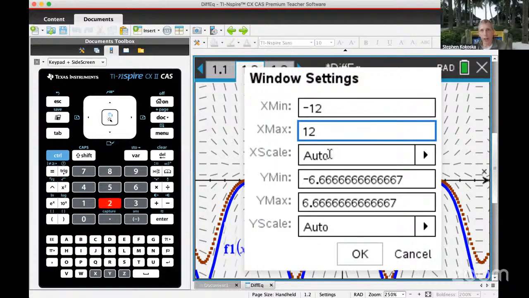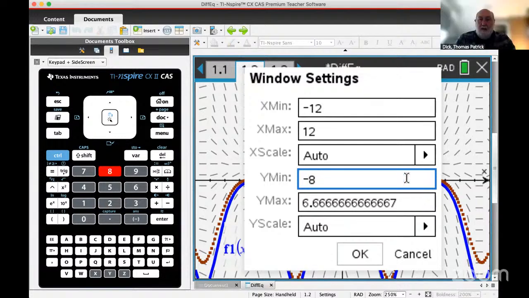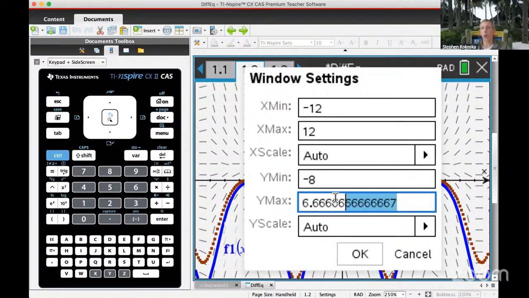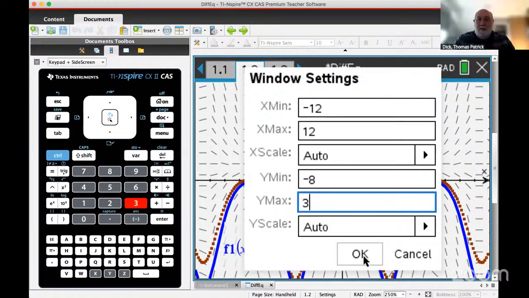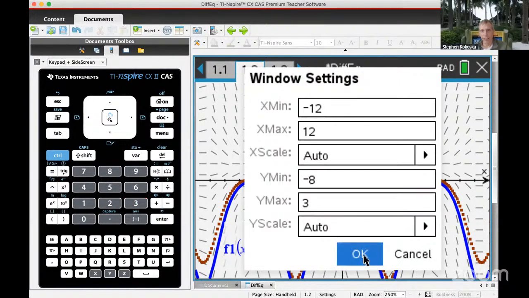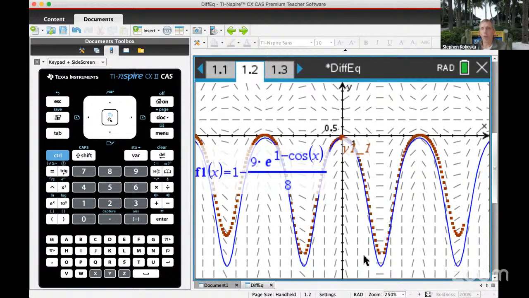And then on the Y min, let's make that minus 8. And Y max, let's try plus 3. All right. Beautiful. Give it a shot. See what we get. Excellent. Oh, phenomenal.